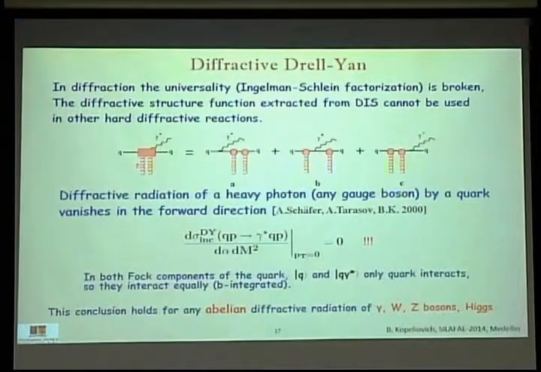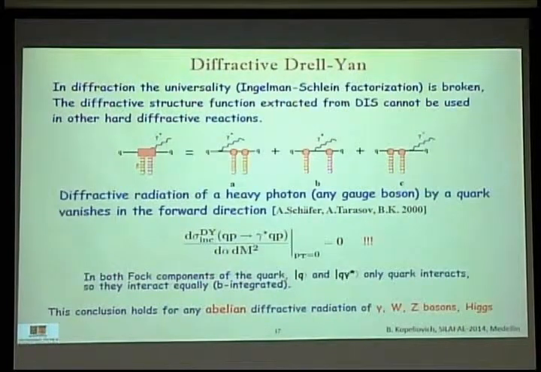So each component goes to the same component. And if all such eigenstates interact equally, you will never produce any diffraction, because you have a wave packet and the combination of different eigenstates is preserved by interaction. You have the same amplitude for all of them. So you will get the same wave packet, which means elastic scattering.